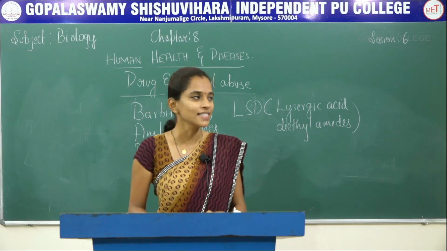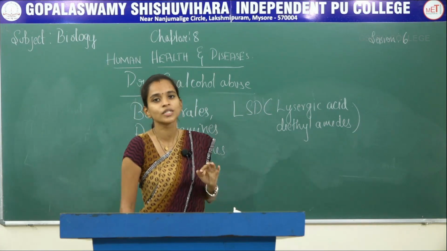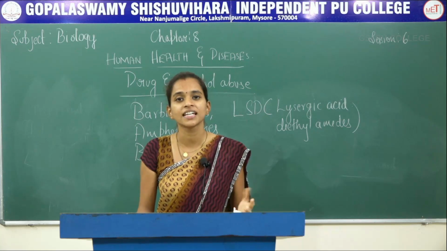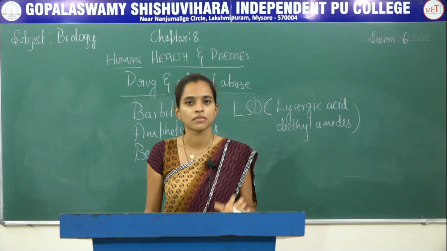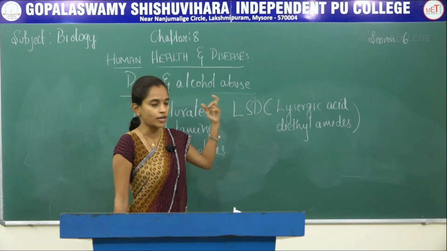For all these things, these drugs are used as medicines. Any drug which is taken in limited quantity acts as medicine, but if it is taken in higher quantity, it acts as a habit and becomes an unavoidable property in the body.